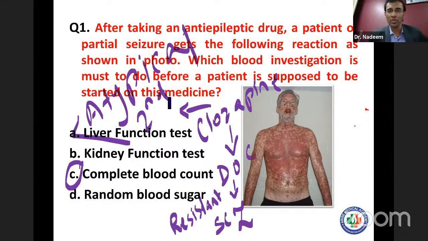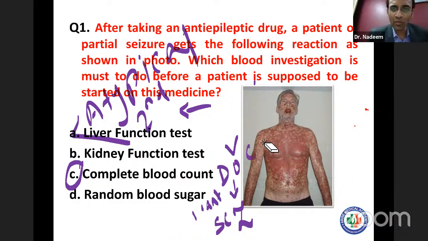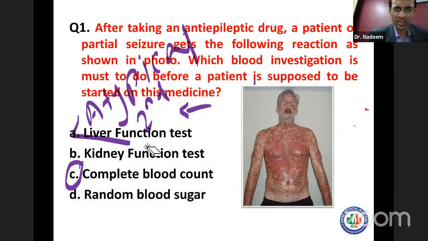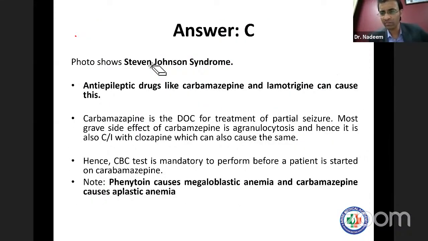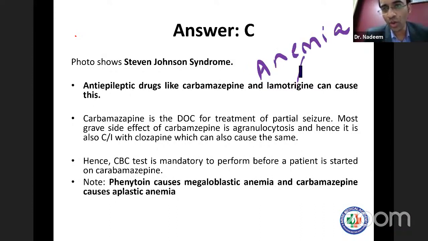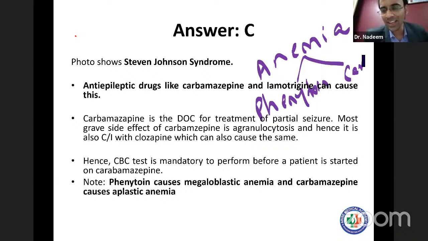Now, when I was talking about anti-epileptic drugs, when I talk about carbamazepine, is it possible that carbamazepine can cause anemia also? Yes, this is a repeatedly asked question, and here there is a point of confusion. Anemia can be caused by two anti-epileptic drugs: one is phenytoin, the second is carbamazepine.